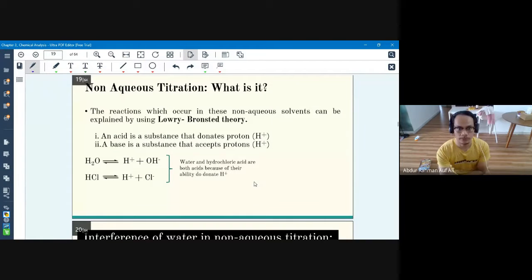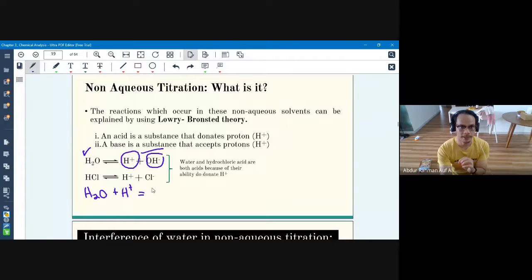So H2O in this chemical equation, bila dia dissociate, dia akan pecah menjadi H plus dan OH minus. So this H plus ni is available to be given to any chemical substance yang lain. So dia boleh donate this H plus. And also dia ada OH minus kat sini. And also dia boleh accept any H plus.